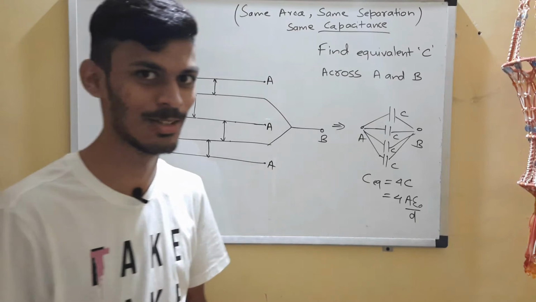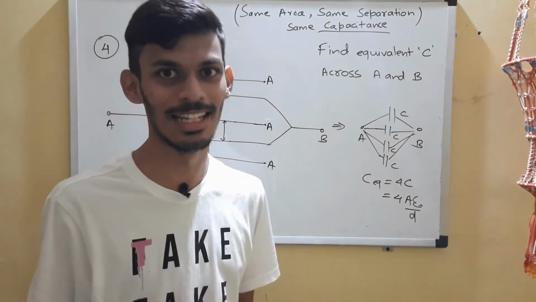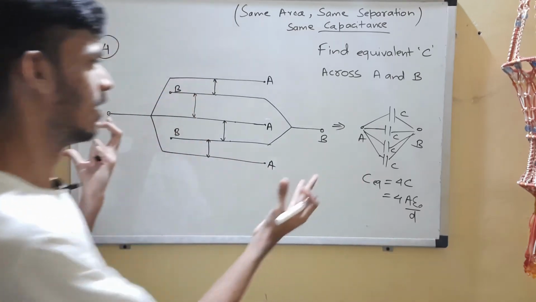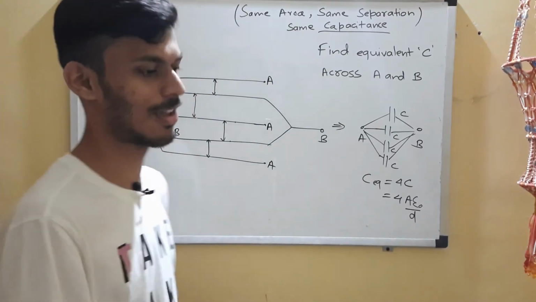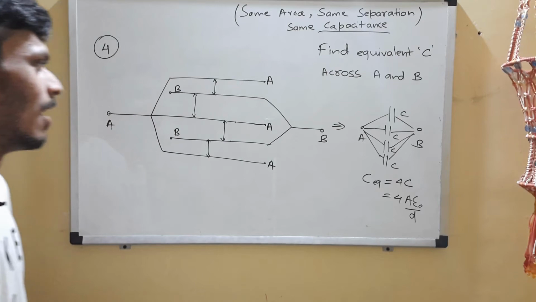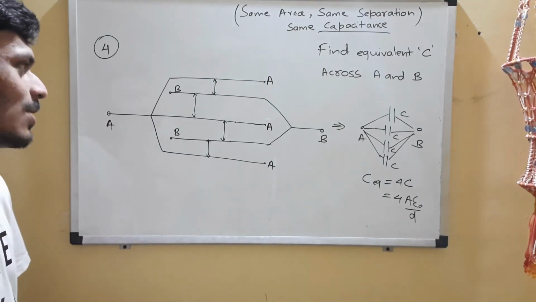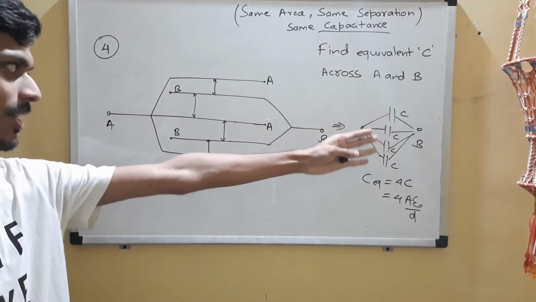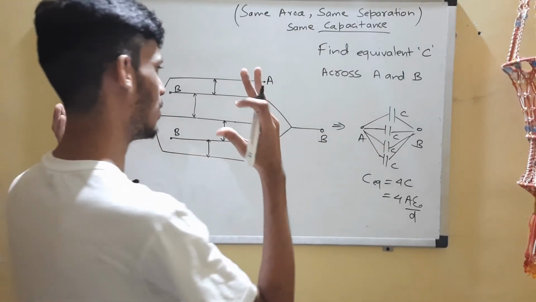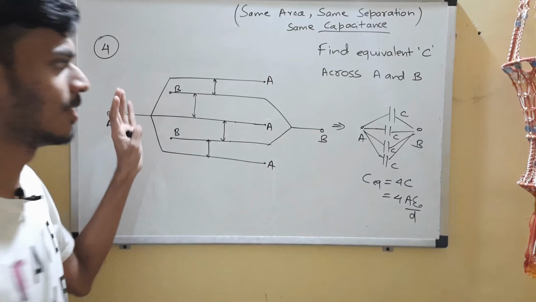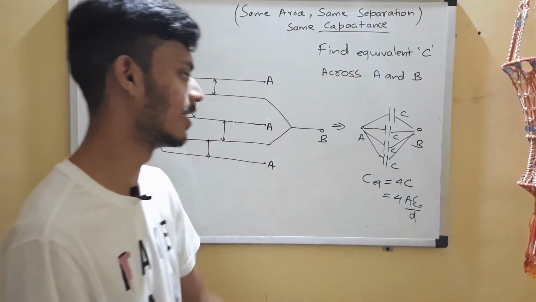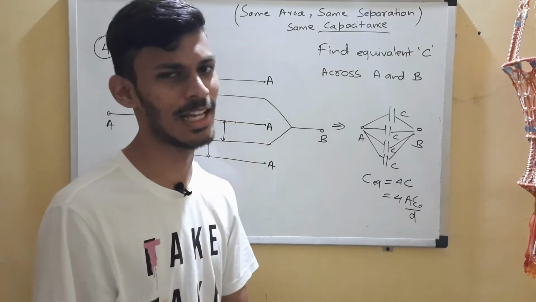Isn't that amazing? It makes the making of capacitors cheaper. So that is why we are studying this topic. So you have 8 plates for 4 capacitors over here, or you can make just those 4 capacitors using 5 plates. That's amazing. And anyways, our answer is 4A epsilon naught by d.